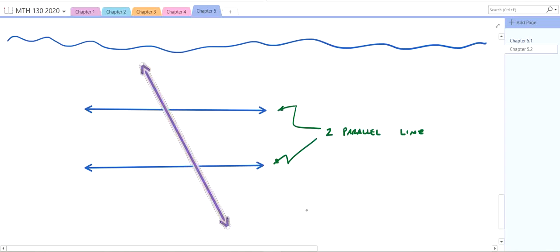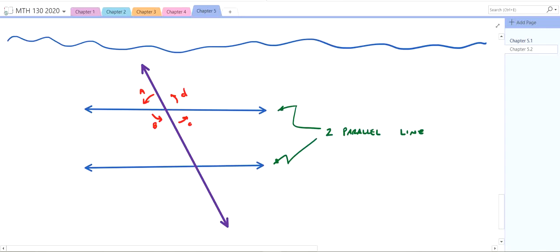So suppose I have 2 parallel lines, and then I take another line here, a separate line, and I cut across it somehow, like that. Well, we're going to get a couple angles created. We've got this angle A, maybe this angle B, this angle C, and this angle D. Well, we can notice some interesting things.